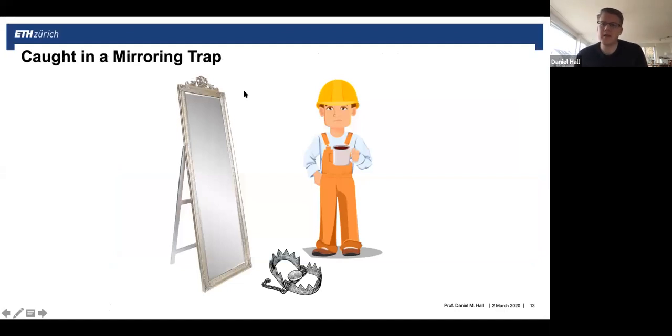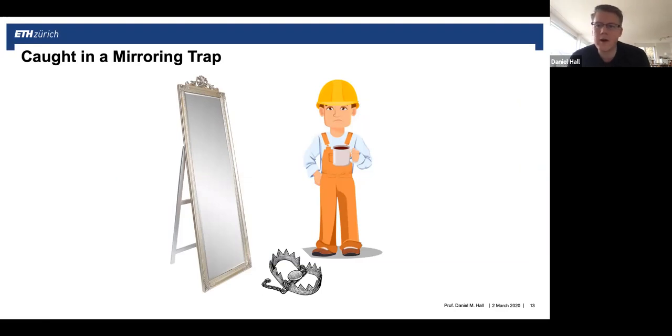And this has been theorized as a mirroring trap. So in other words, what happens is that in our industry, in architecture, engineering, and construction, the knowledge that we have is so siloed and so fragmented that we've really lost the ability to reimagine the entire system from the ground up. And we tend to just operate within these little silos where our tasks mirror the knowledge that we have.